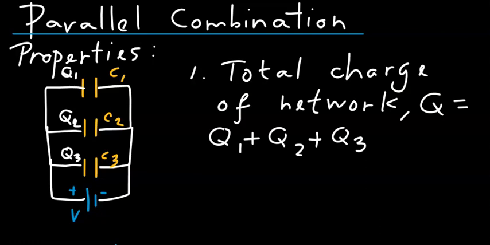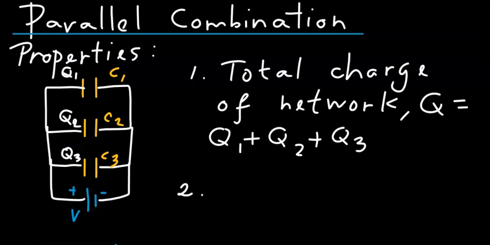So if you have three capacitors, C1, C2, C3, each carrying charge Q1, Q2, Q3 separately, the total charge in this circuit is quite simply Q1 plus Q2 plus Q3.